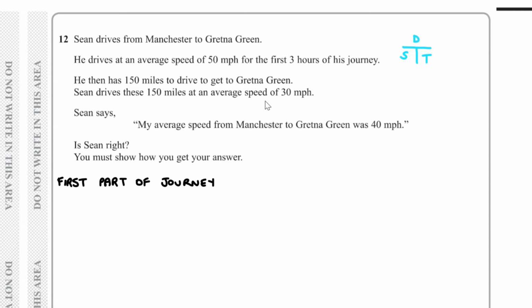So, for the first part of the journey, the distance is equal to the speed, 50 miles per hour, multiplied by the time, 3. So therefore the distance is 150 miles.